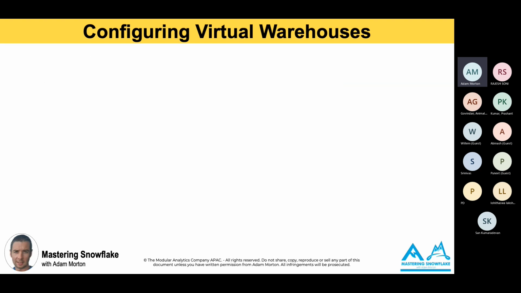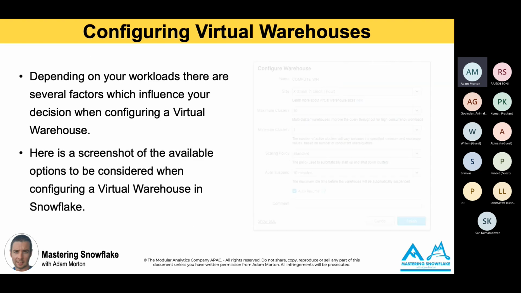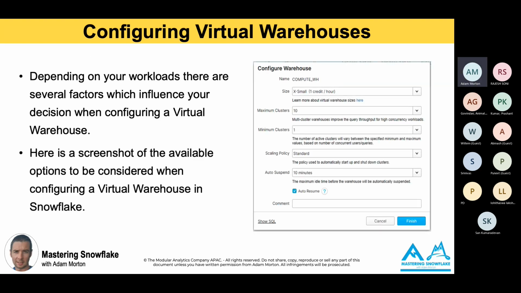On the configuration aspect then, let's get the screenshot up on the right-hand side. The screenshot that you see is all of the configuration options you need to set as a user for your virtual warehouse. That's it. You've got 5 specific options there. There are different factors that can influence your decision when configuring a virtual warehouse.